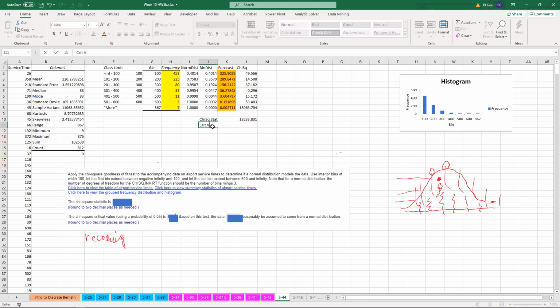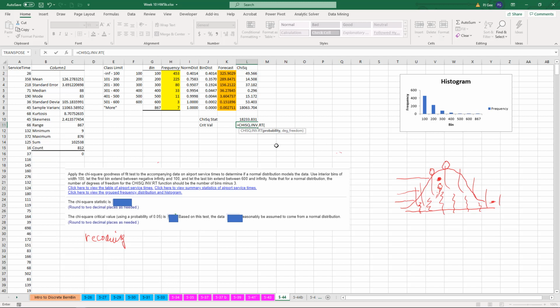The next thing we have to do by way of the book is the critical value. So we have to do equals the chi-square inverse right tail. The probability here is the statistical significance we're going against.